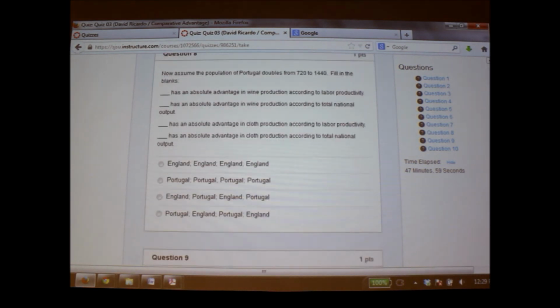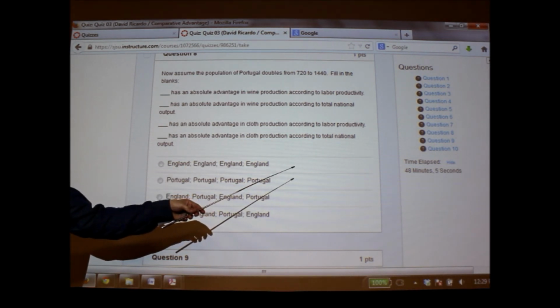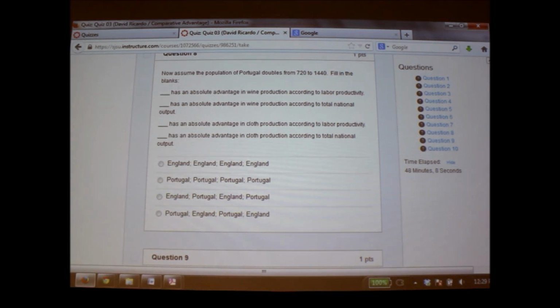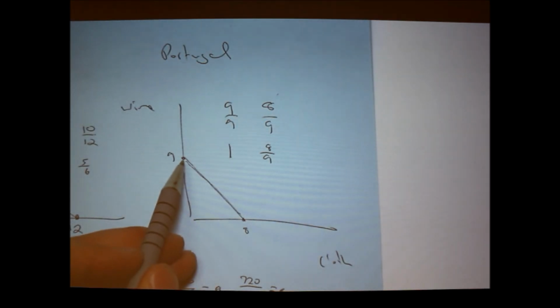Question 8. Assume the population of Portugal doubles, then fill in the blanks. What you're going to see is this PPC for Portugal. What's going to happen to this PPC for Portugal? It's going to shift out, right?